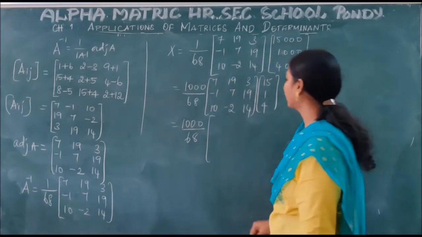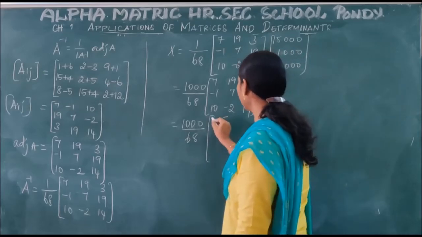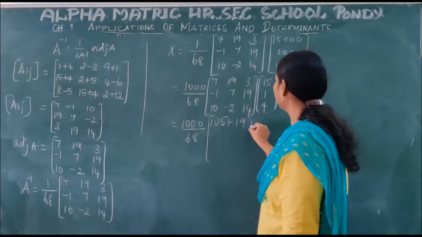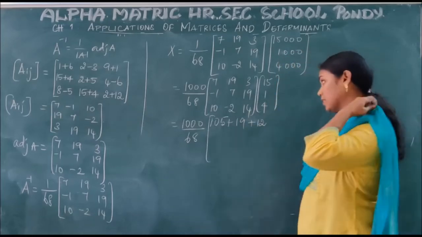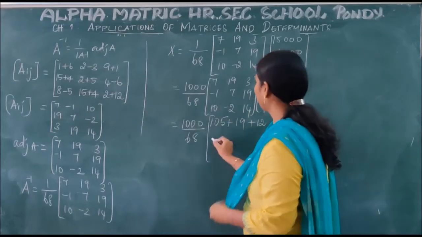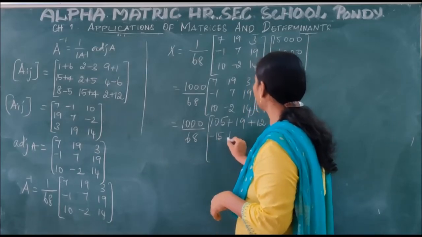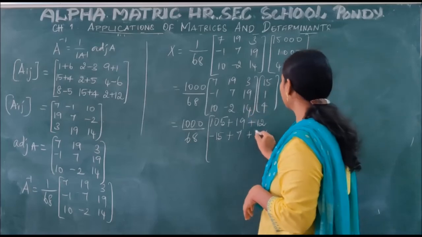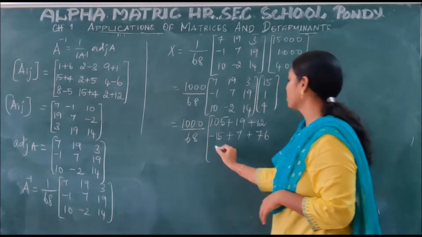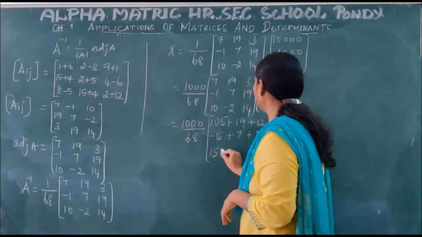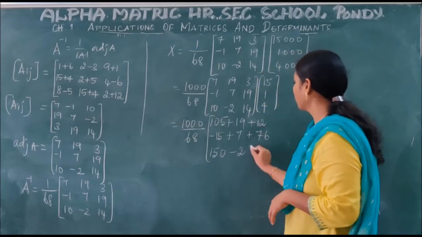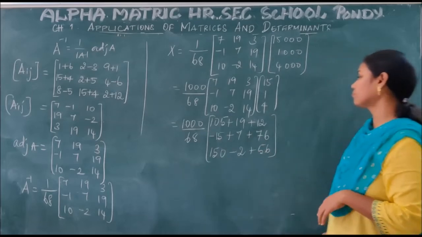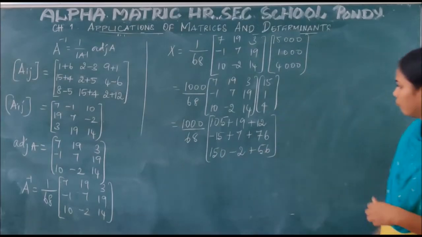7 15s are 105, 19 plus 12. Next is minus 15 plus 7 plus 36, 3, 76. This is 150 minus 2 plus 60, 56. Sum it off.